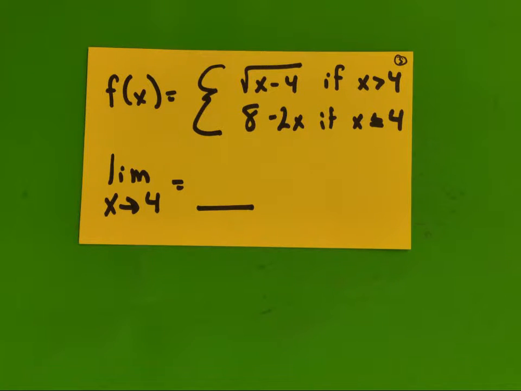Now the limit as x approaches 4 on this piecewise. That limit is a two-sided limit. Since this is a two-sided limit, Grace Strickland, what was one thing you would do here?